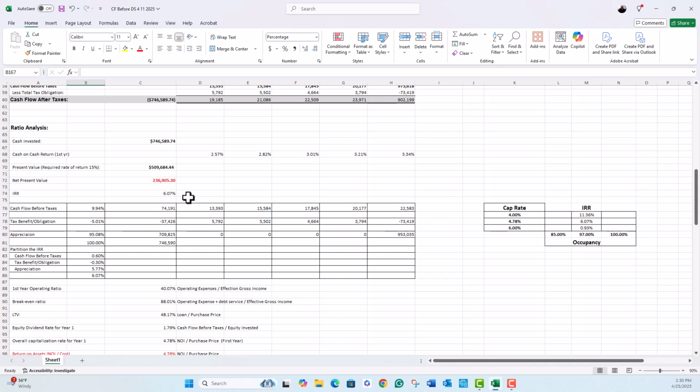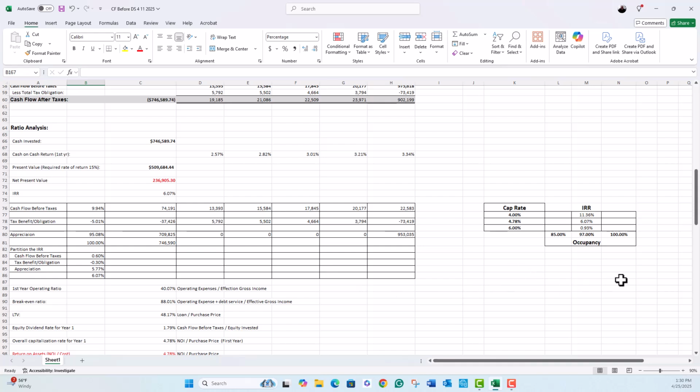It's all back-end loaded. So we have to ask ourselves, what would happen if that changes any of these assumptions? So for instance, the cap rate, what happens if the cap rate changes or the occupancy changes? Those are the two likely variables that need to be examined.